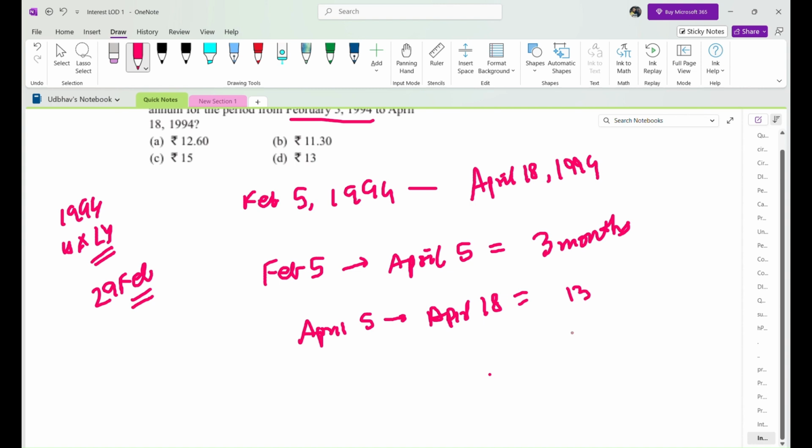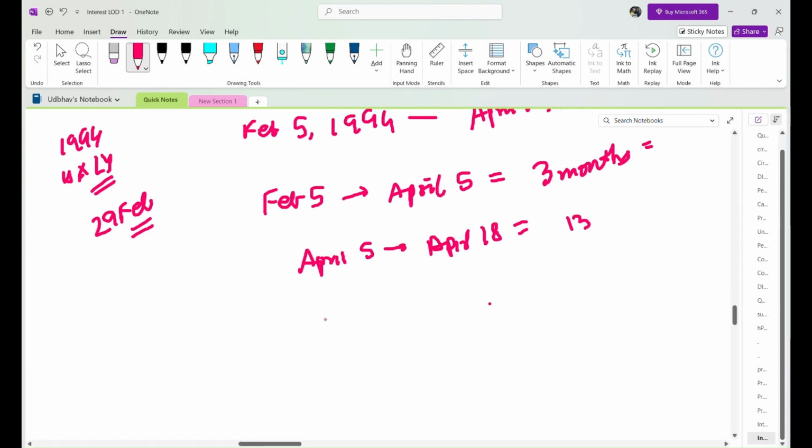13 days. So 3 months, that is February, 28 days, plus March, 31 days.